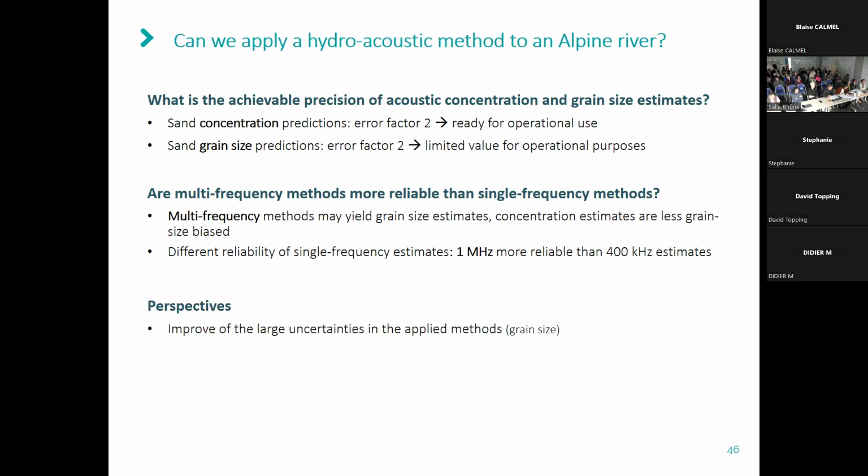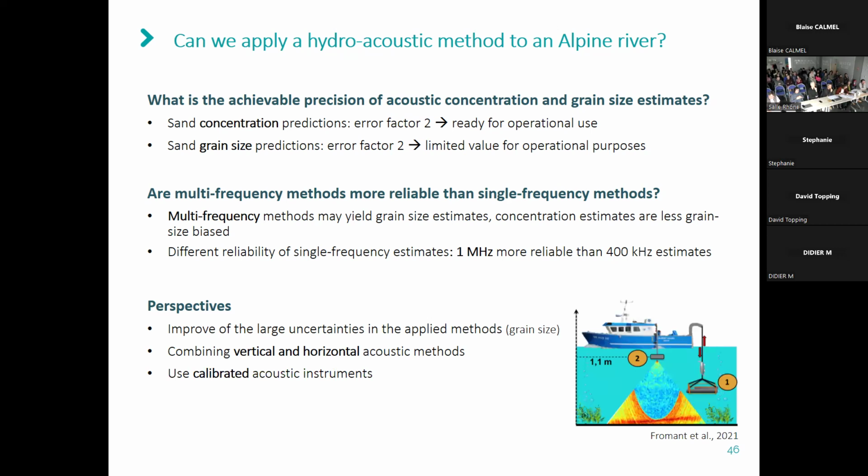To move forward, there are several perspectives for this acoustic analysis. We first focus on decreasing the large uncertainties in the acoustic methods, for example to make the prediction of the grain size more operational. As well, this could be done by comparing and combining vertical and horizontal acoustic methods to improve the lateral and vertical integration.